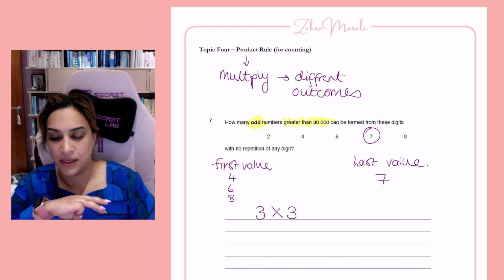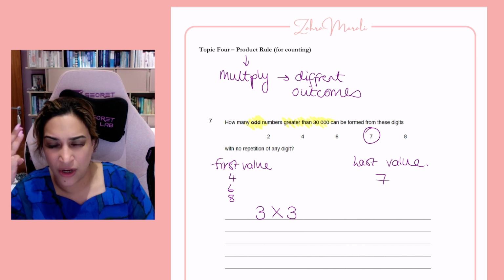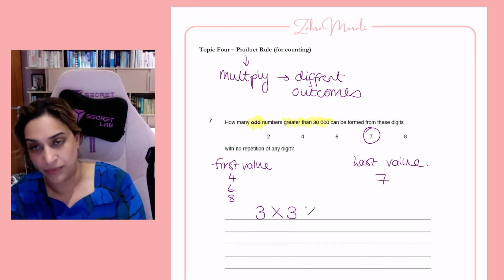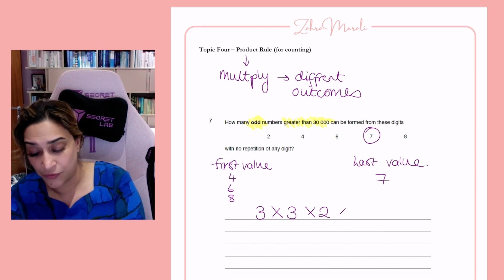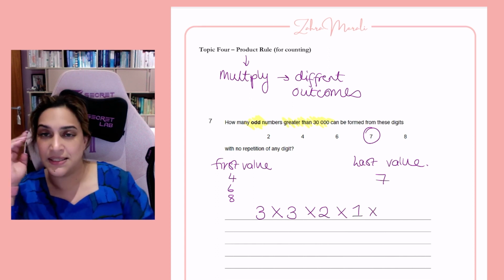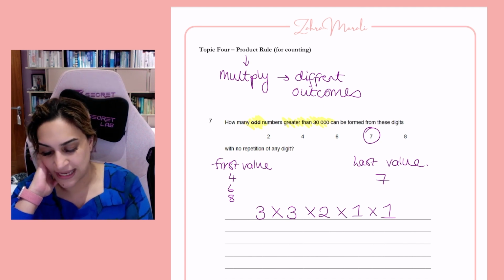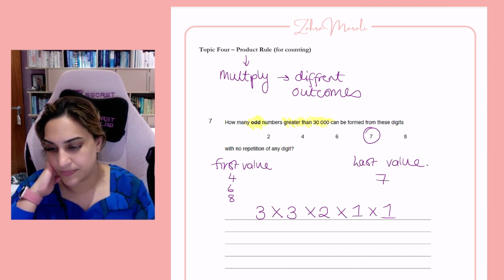So there's only 3 options. So now those 3 options left over, one of them can be used for the third value. There's only one left for the fourth value, and there's that 7 there. So we get 3 times 3 times 2 to give us 18 possibilities.